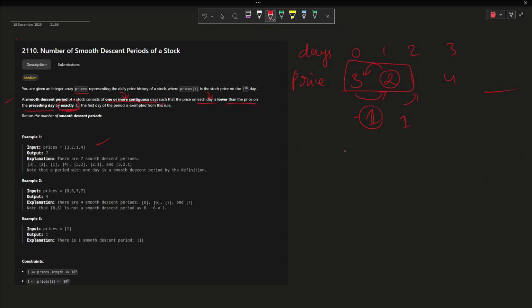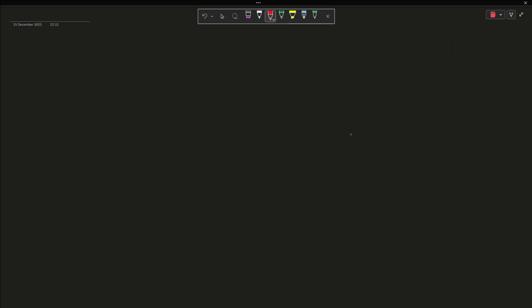Let's understand this with a larger example. At last, we need to return the number of smooth descent periods. So if we have, let's say, 1, 2, and then maybe 5, 4, 3, 2, 1. To visualize this, let me draw a graph.